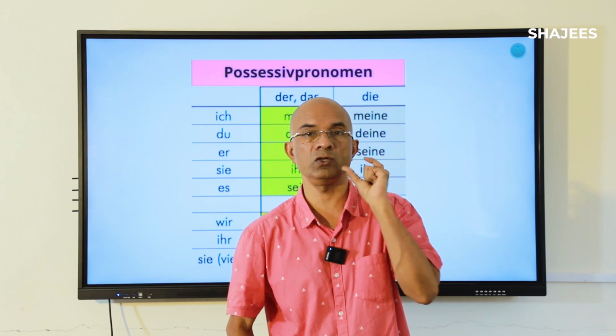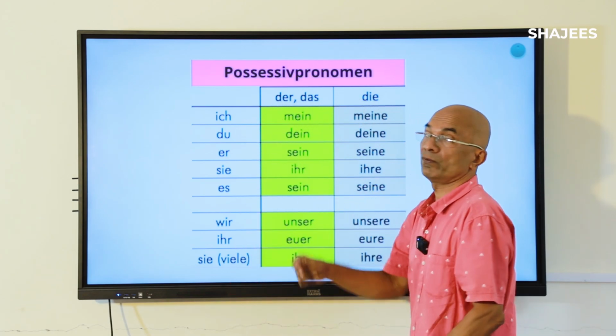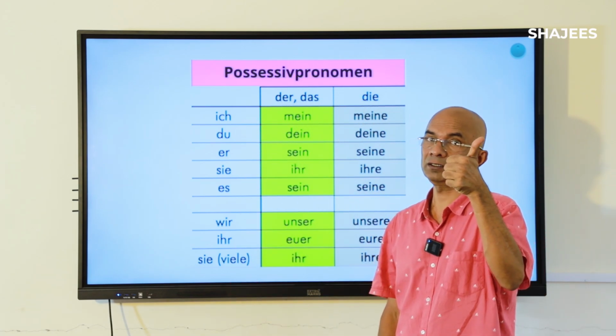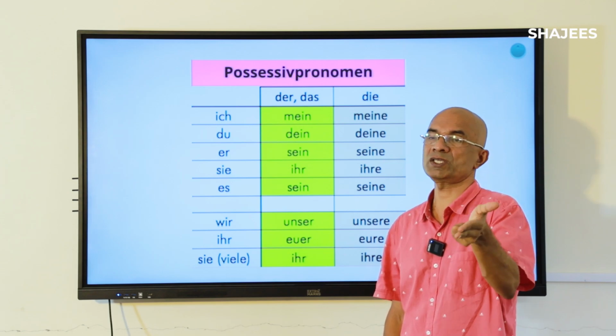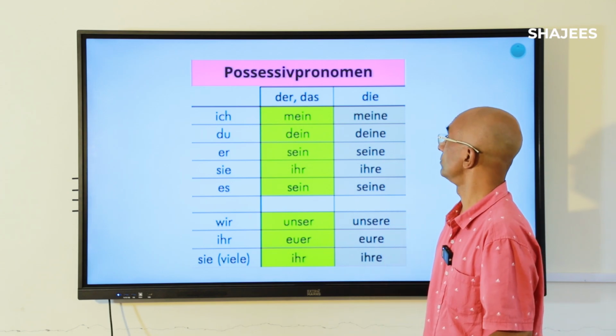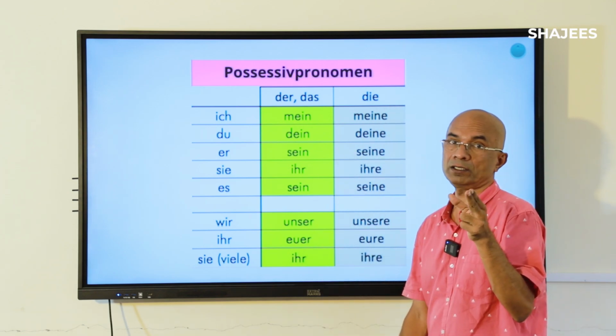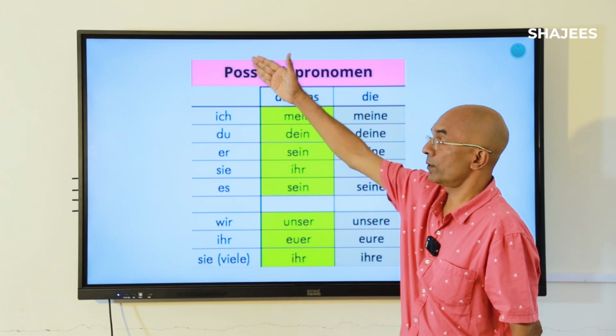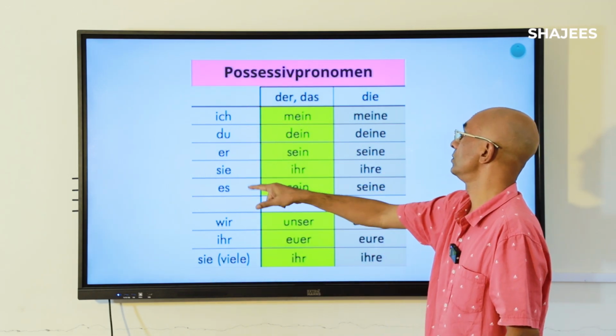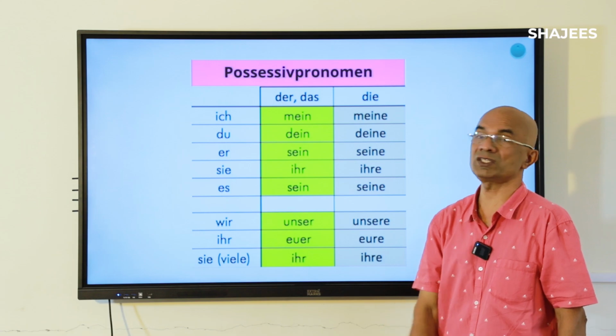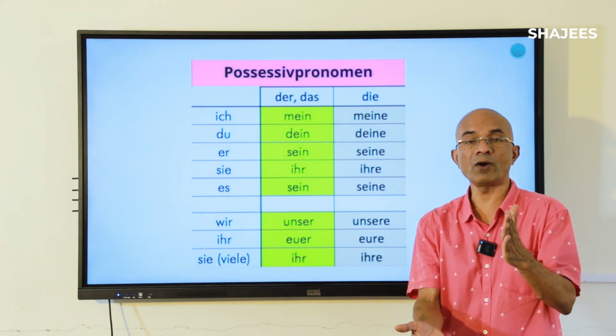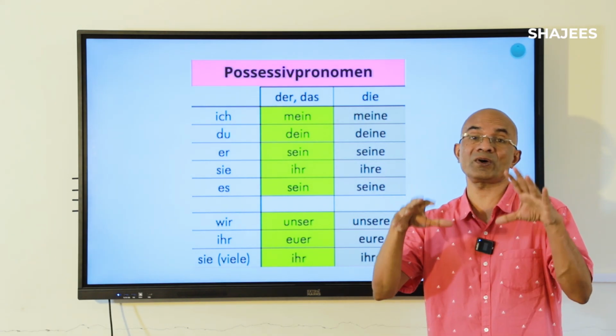Possessive pronoun in nominative. So here we have learned the articles der und das, that is masculine und neutral, and die as the feminine. So here the personal pronouns are ich, du, er, sie, es, wir, ihr, sie. This one also we have learned. Now how can you translate that into possessive?